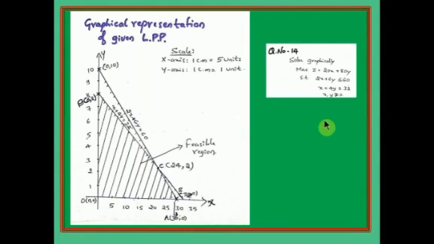And after that, for the second constraint, if you put x equal to 0, look at the cursor once again, what is the y value? Y value is equal to 32 divided by 4. What will it be? 8. Am I correct? So the y value is equal to 8.